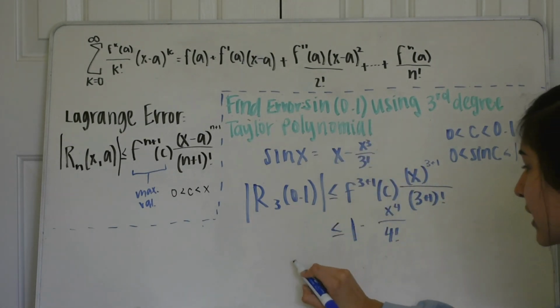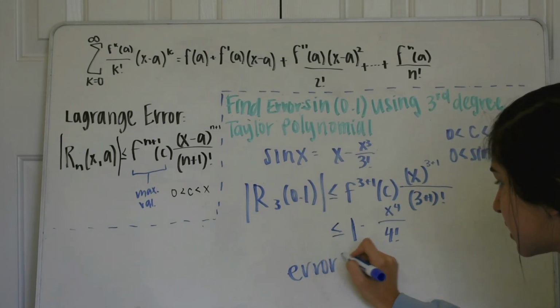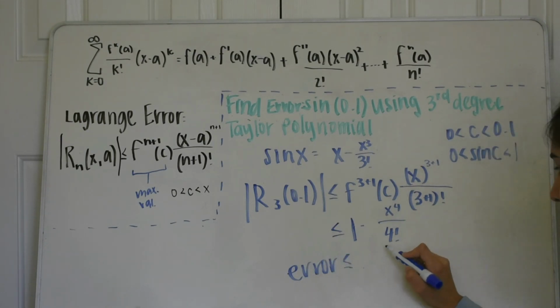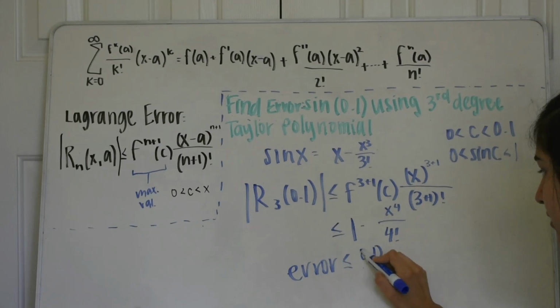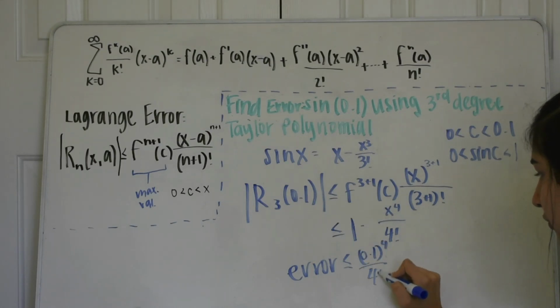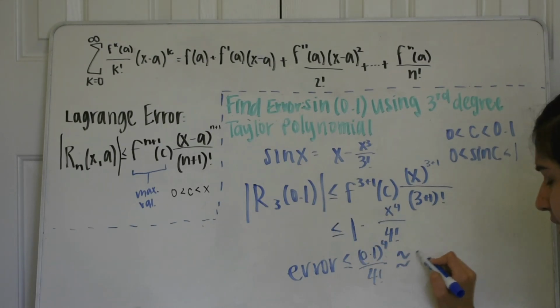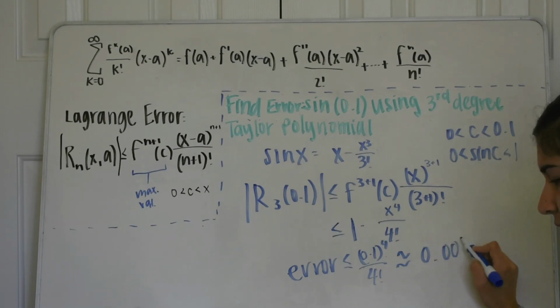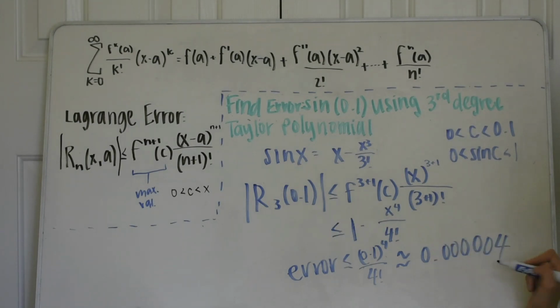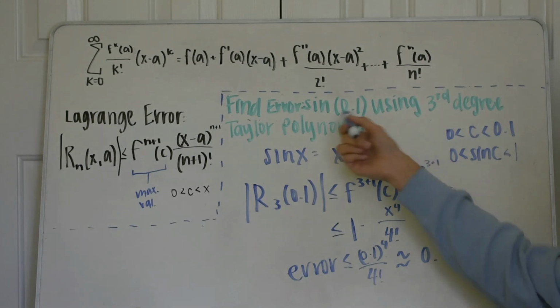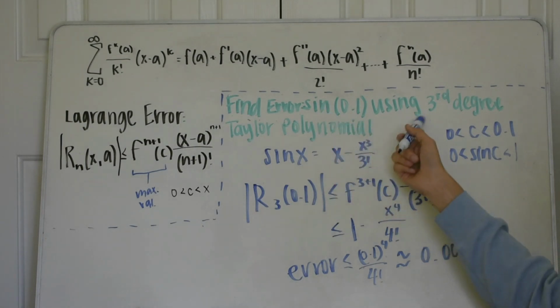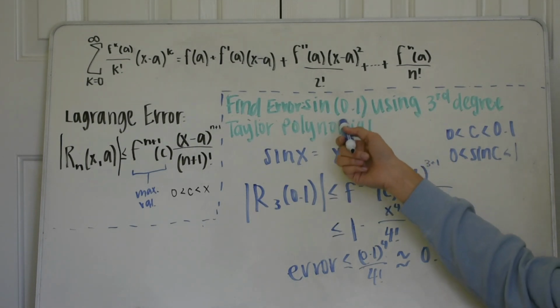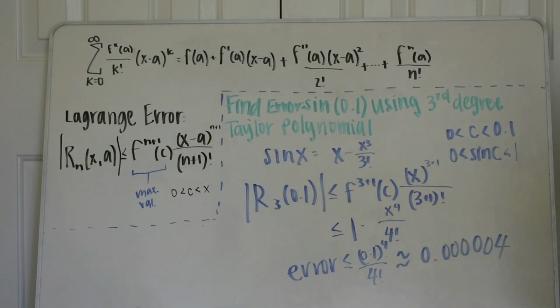So that means that the error is less than or equal to 0.1 to the 4 over 4 factorial, which is approximately 0.000004. So we just found the error of the third degree polynomial expansion of sine of 0.1 in comparison to the actual value of sine of 0.1.